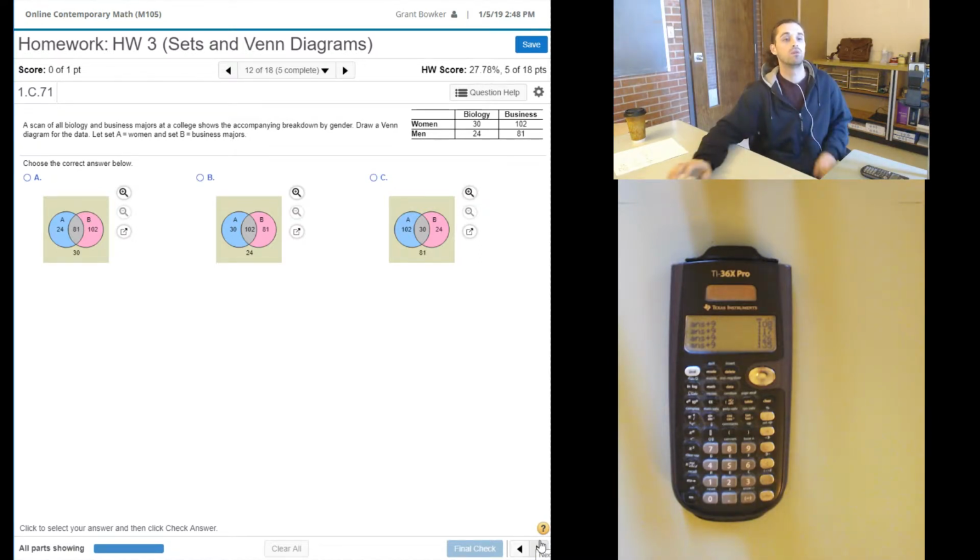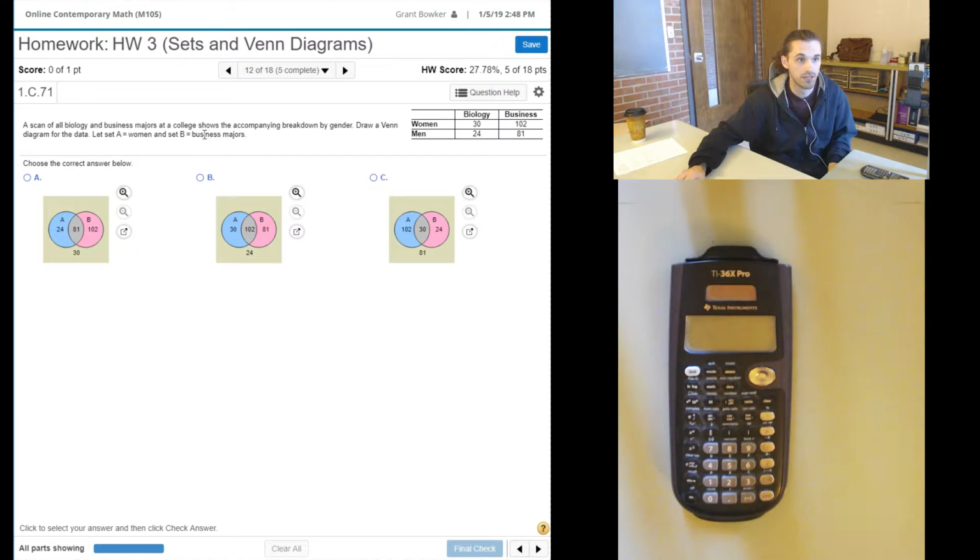So what we want to do is look at this data and determine which Venn diagram represents this data properly. And we're told the set A is women and the set B is business majors for all three of these. Now, the big giveaway here is the overlap, right?